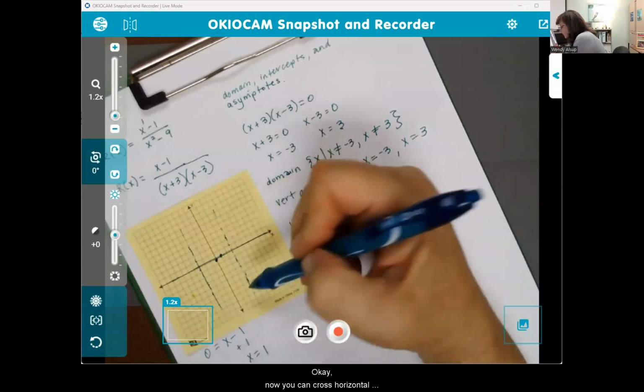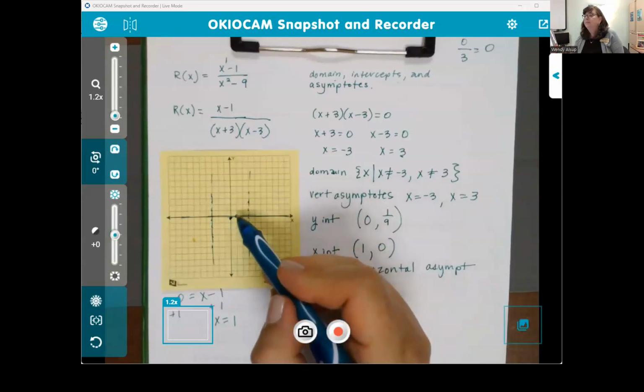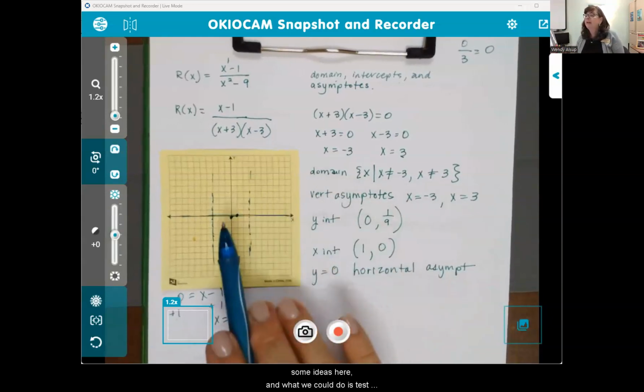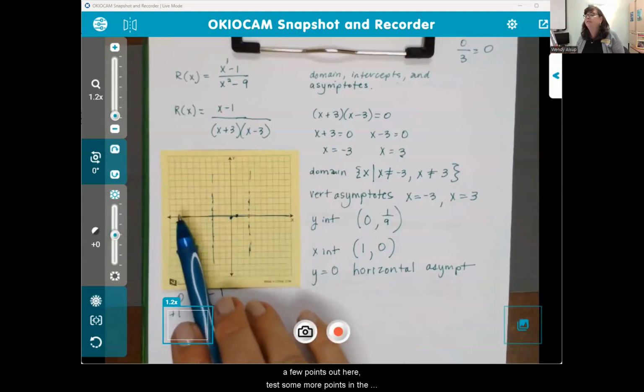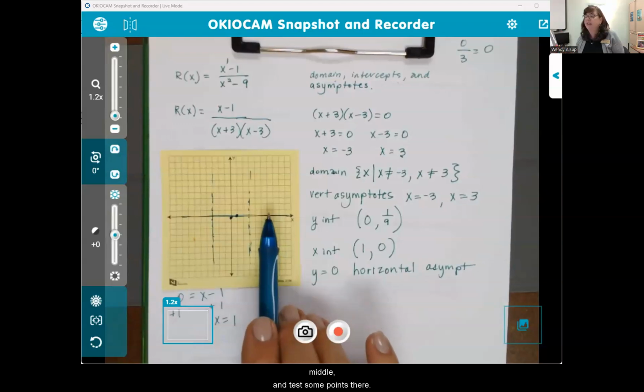Now you can cross horizontal and slant asymptotes. So we've got some ideas here, and what we could do is test a few points out here, test some more points in the middle, and test some points there.